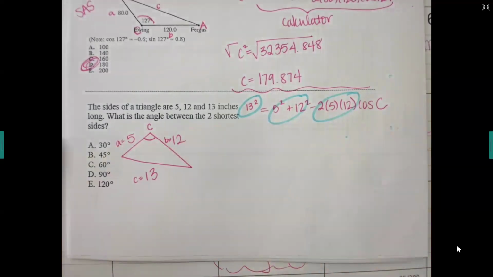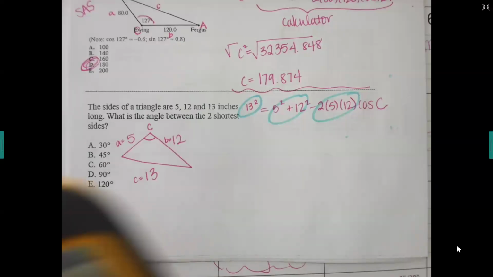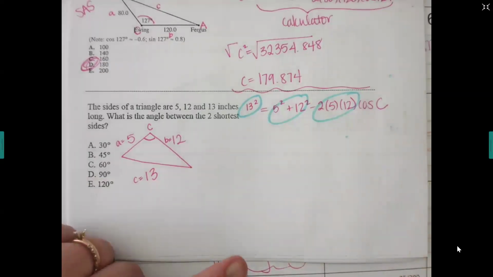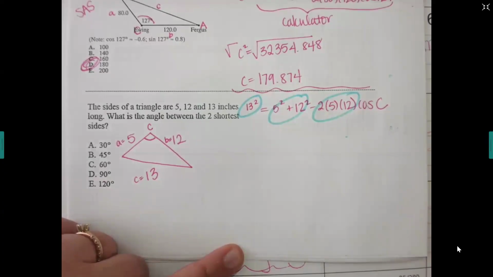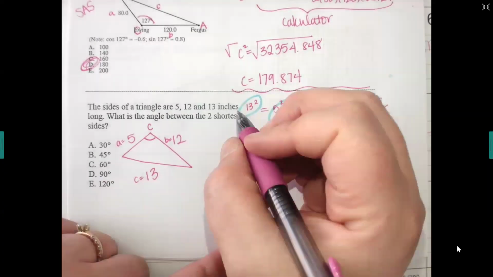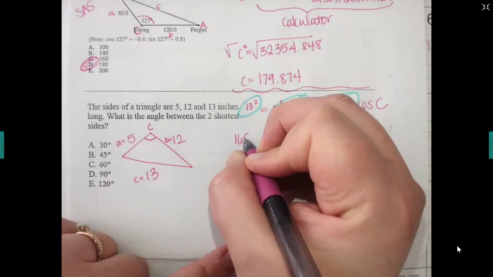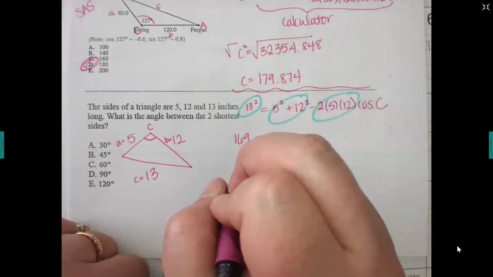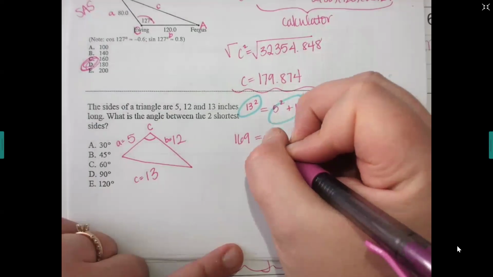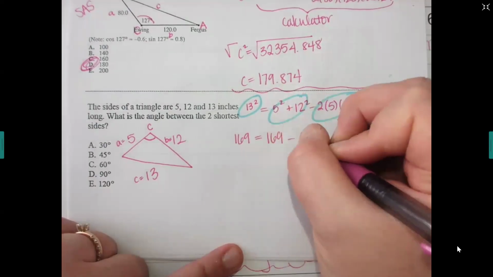So go ahead and do that for me now. So my 13 squared came out to a 169. Ooh, 5 squared and 12 squared came out to 169 again.